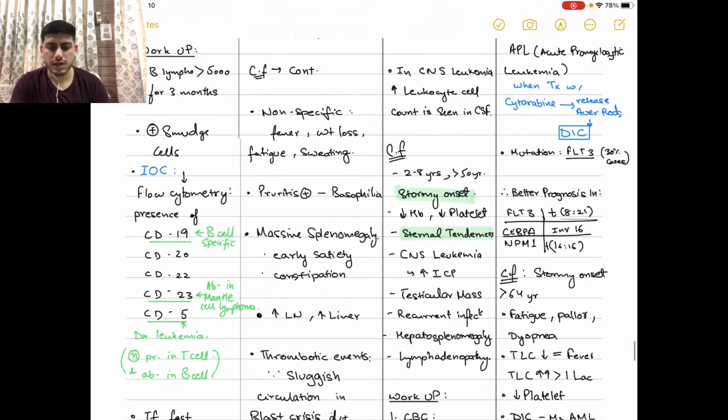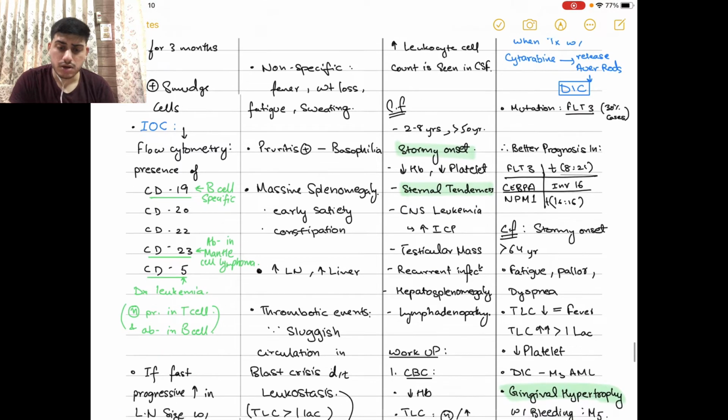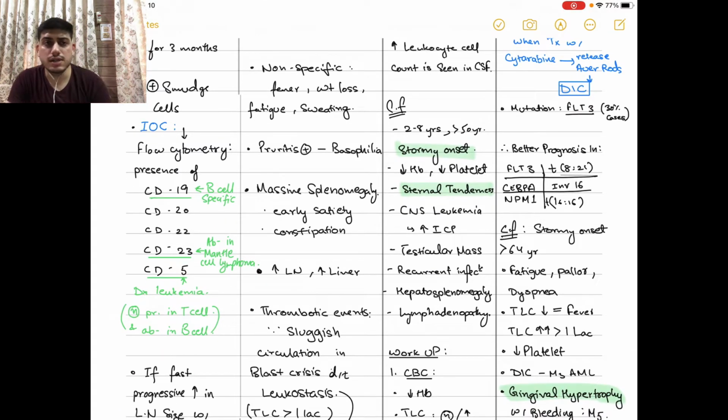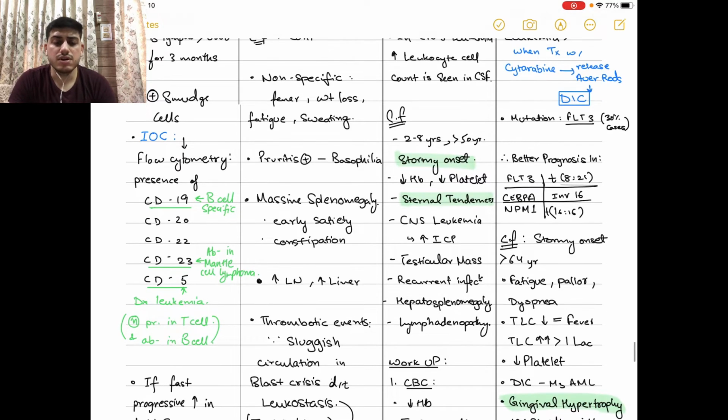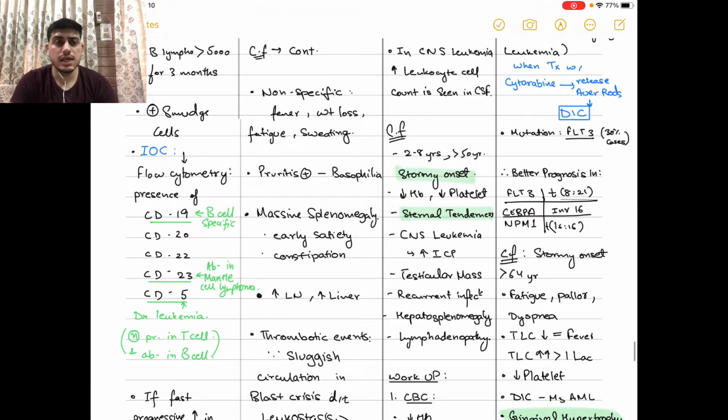Now the clinical features will be non-specific: fever, weight loss, fatigue, sweating. And since it is CML, M for myelocyte or myeloblast, responsible for the proliferation of WBC, the growth here will be related to the basophils. So you will find basophilia.